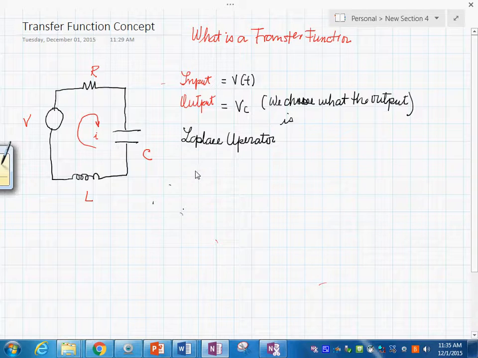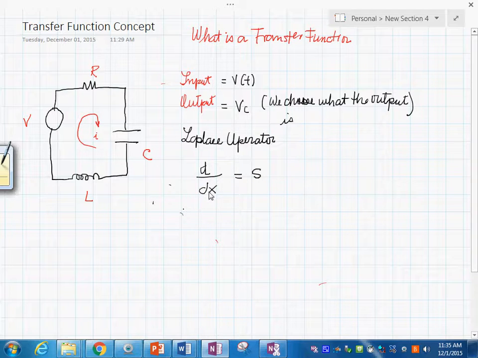The Laplace operator says that if you have the operator of the derivative d dt, or the derivative of something, this is equal to the operator s.